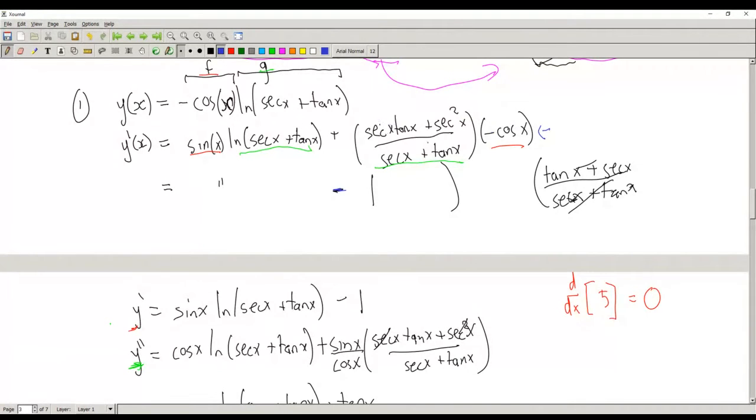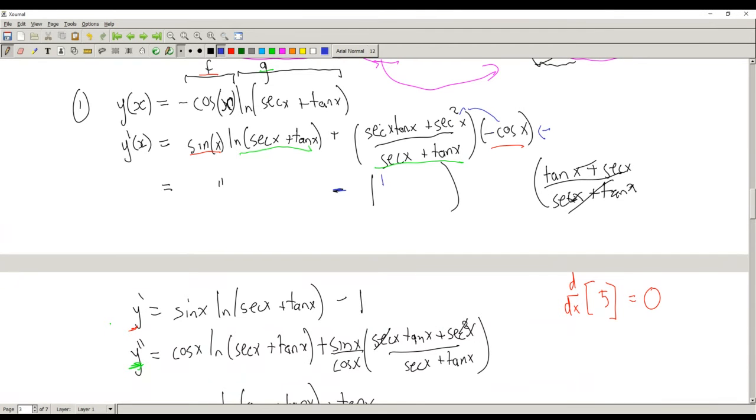Now let's multiply cos x into the brackets. Cos x multiplied by sec x tan x. Sec x is 1 over cos, so cos multiplied by 1 over cos is 1. Now we need to multiply it into here as well. Cos times 1 over cos squared is going to be 1 over cos, which is sec x.